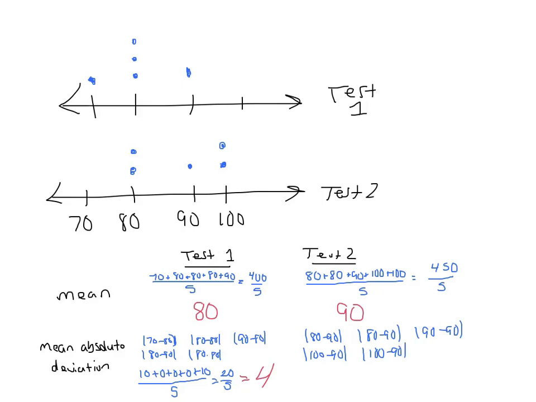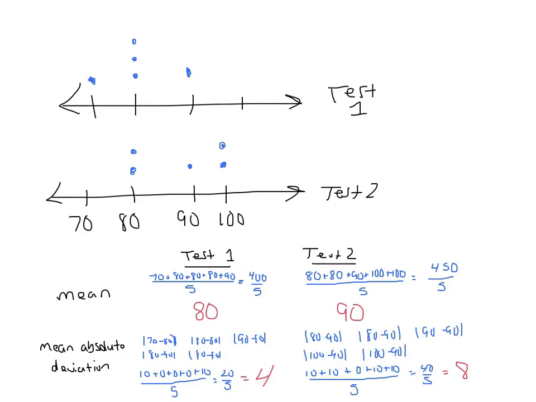And so we would have 10, 10, 0, 10, and 10. Dividing by 5 is 40 divided by 5, which gets me 8.